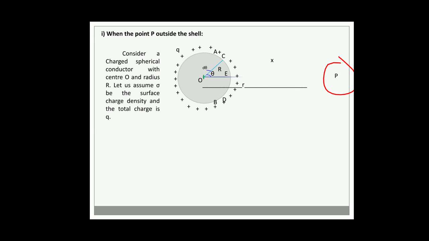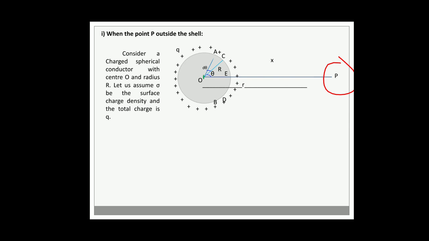For this purpose, a charge q is distributed on the surface of the spherical shell, because the spherical shell does not have any matter inside. And in the case of a spherical conductor also, the charge is distributed only on the surface of the conductor. So in this case we have to determine the electric potential at the point P.